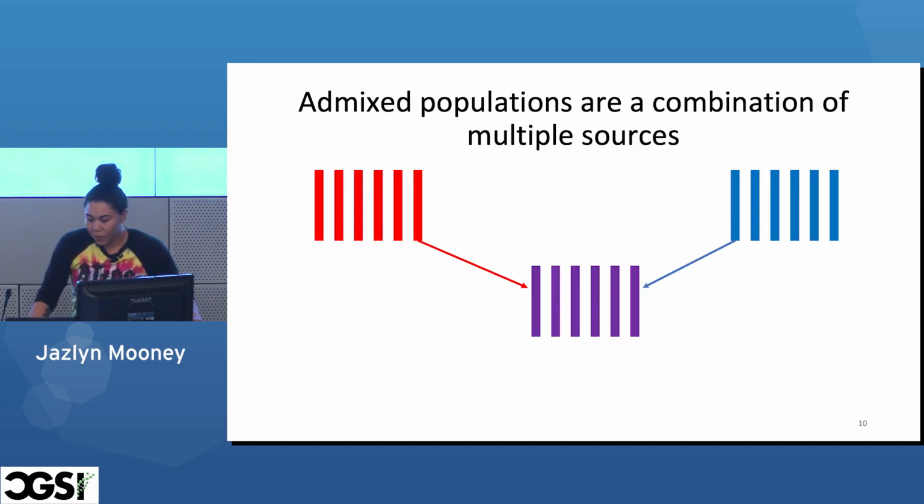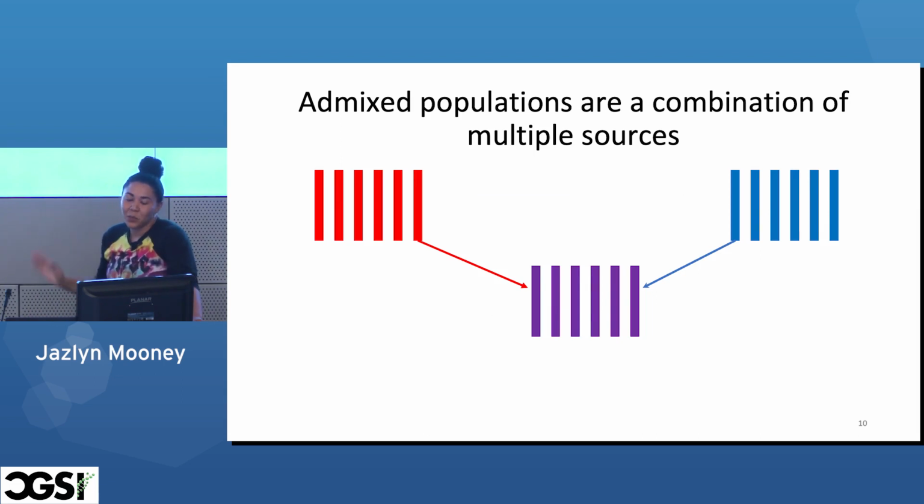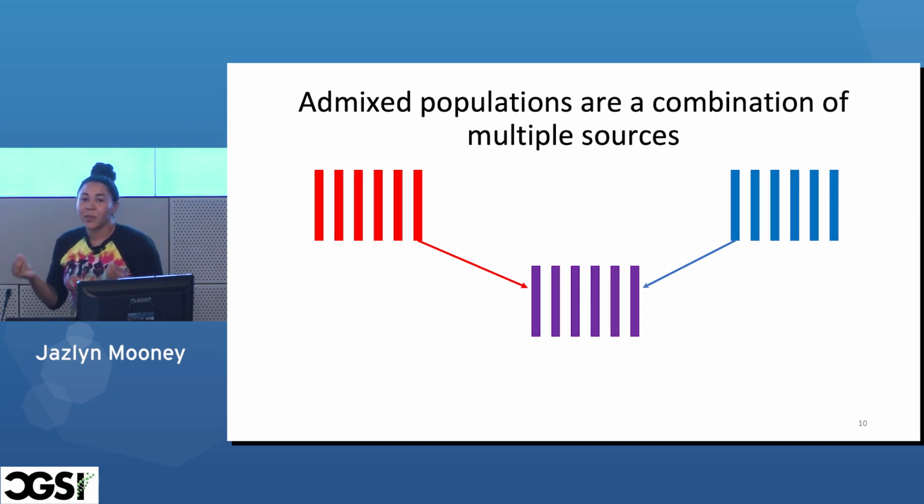Just because the audience is wide, very basic information coming next. So what is an admixed population? Just to remind you, an admixed population is just a combination of multiple sources. You can imagine one individual from an admixed population, their genome is just a random outcome of the admixture process.